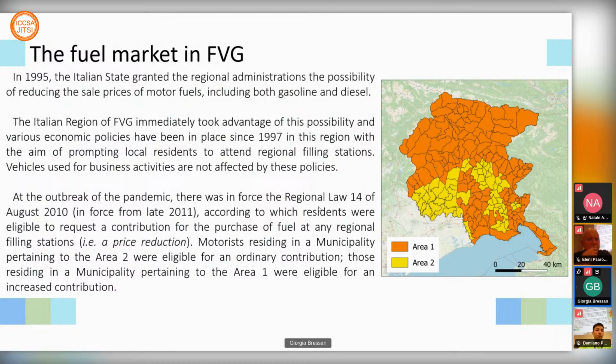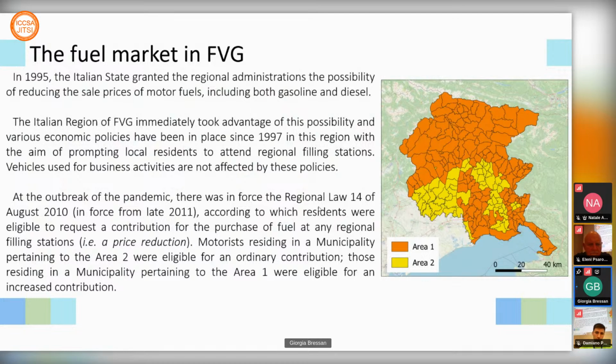Motorists residing in municipalities pertaining to Area 2, so the yellow color, were eligible for an ordinary contribution, while those residing in municipalities pertaining to Area 1, so orange color, were eligible for an increased contribution. As you can see from the map, Area 1 encompasses the municipalities bordering the international borders, but also other inner municipalities that are far away from the international border.